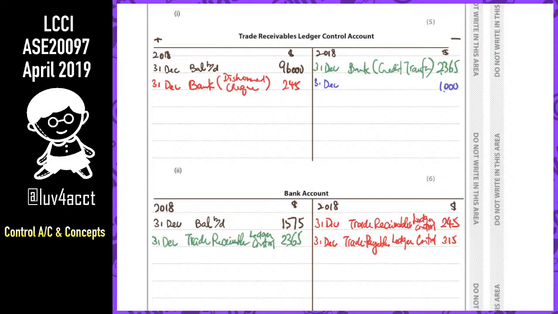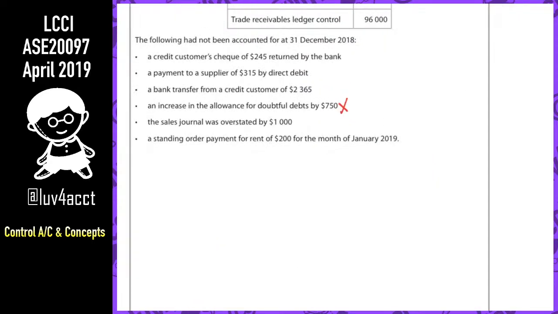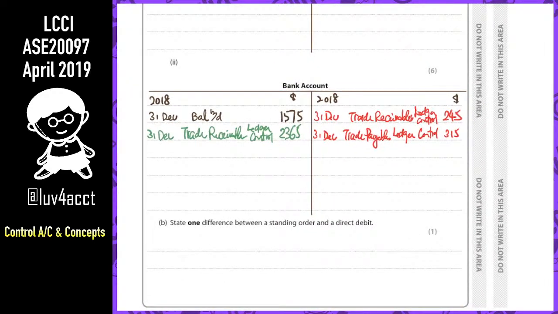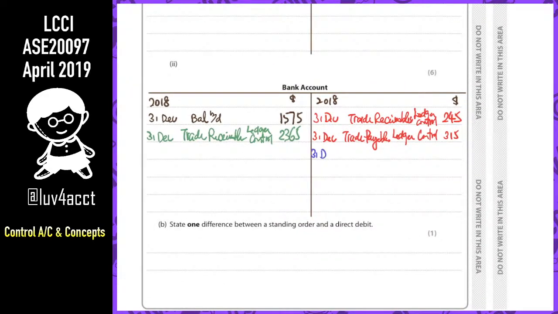If this is the case, then we have to reduce the amount of sales as well as the trade receivables ledger control. So sales here. It's not related to the bank. And then the last item, standing order payment for rent 200. So 31st December, rent 200.